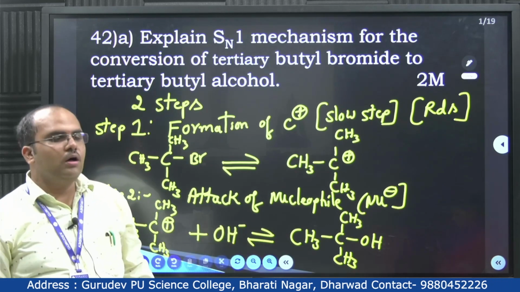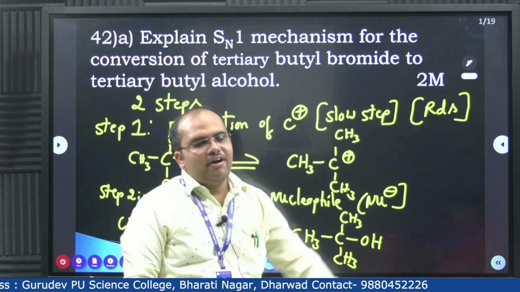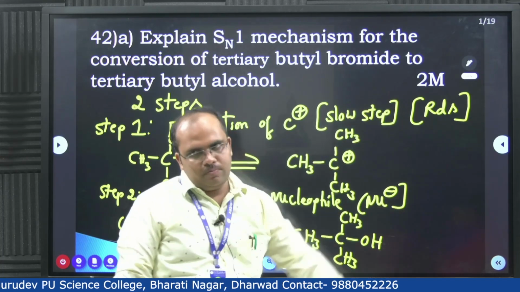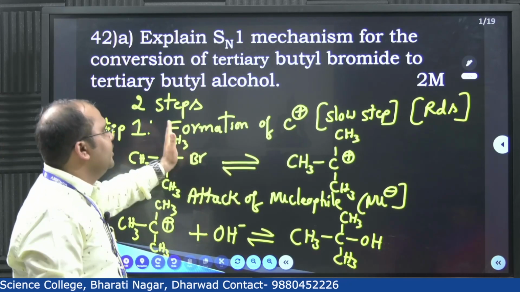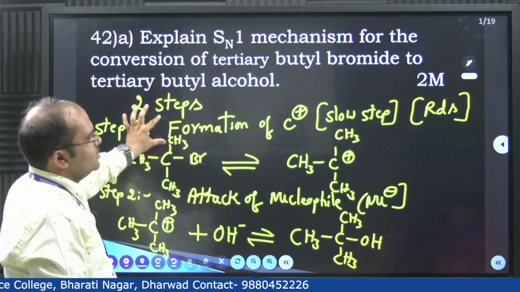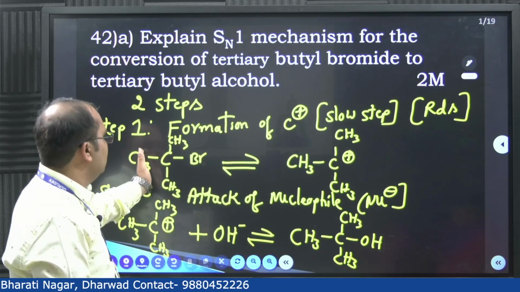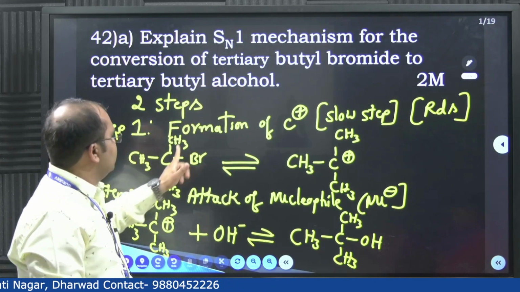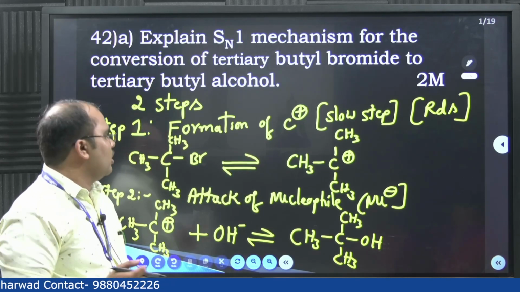tertiary butyl alcohol. This 42nd question is divided into 3 parts, that is 2 plus 2 plus 1, or 3 plus 2, anything else, so get ready for that. In the 2 steps, first is the formation of carbocation, second is the attack of nucleophile. Remember, you take tertiary butyl bromide and form the carbocation.